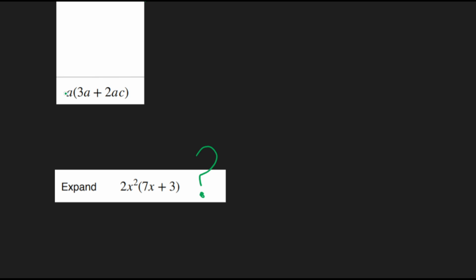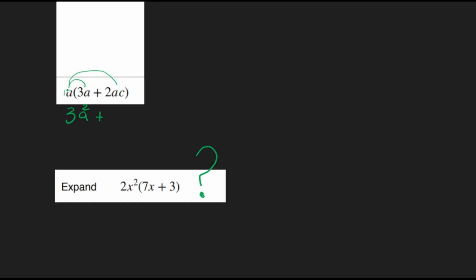Now, to do this question here, a times 3a, I'll just do a times 3a. Oh, this is easy. So there is 1 here in front of the a, so 1 times 3 is 3, and then a times a is a squared. We finish with this, plus a times 2ac.